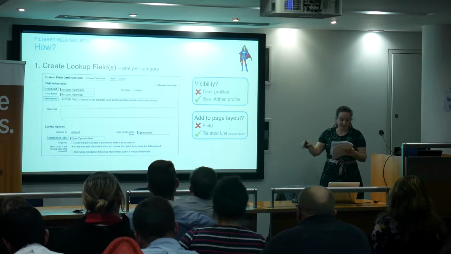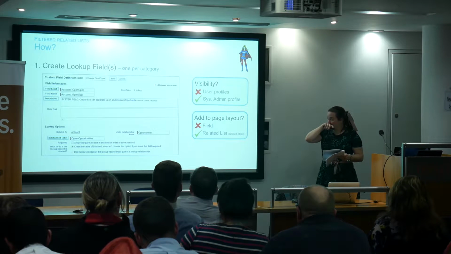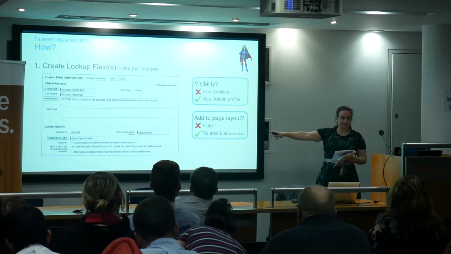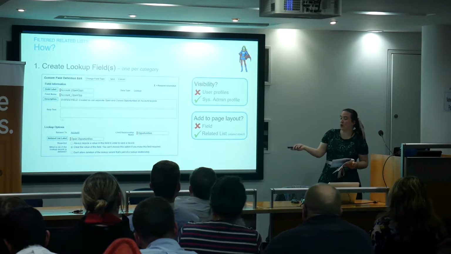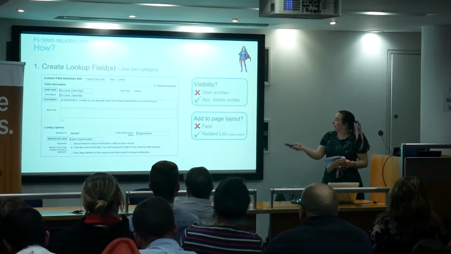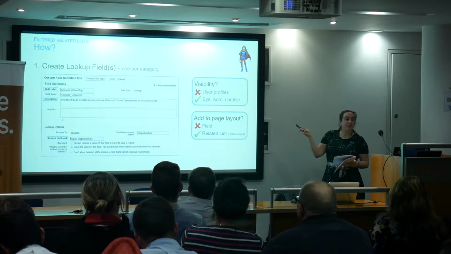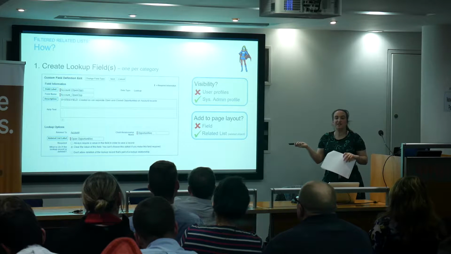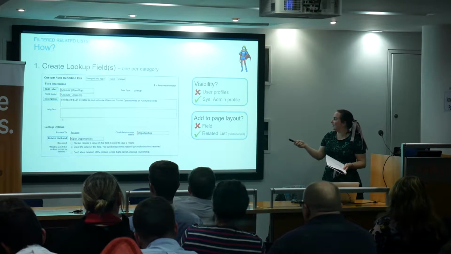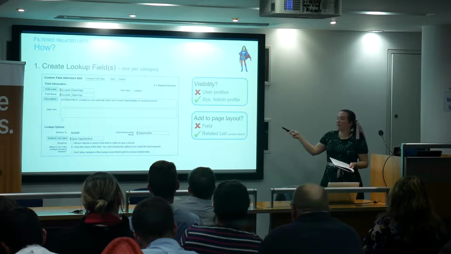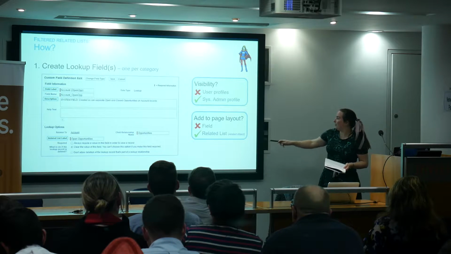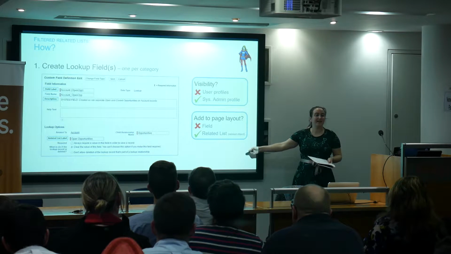Give it a description, and change the related list label so that it indicates whether it's open or closed opportunities. You don't need the field to be visible to any of your users, but leave it visible to yourself so you can check that it's actually completing. You don't need to add the fields on the page layout, but you do want to add the related list to the account object.